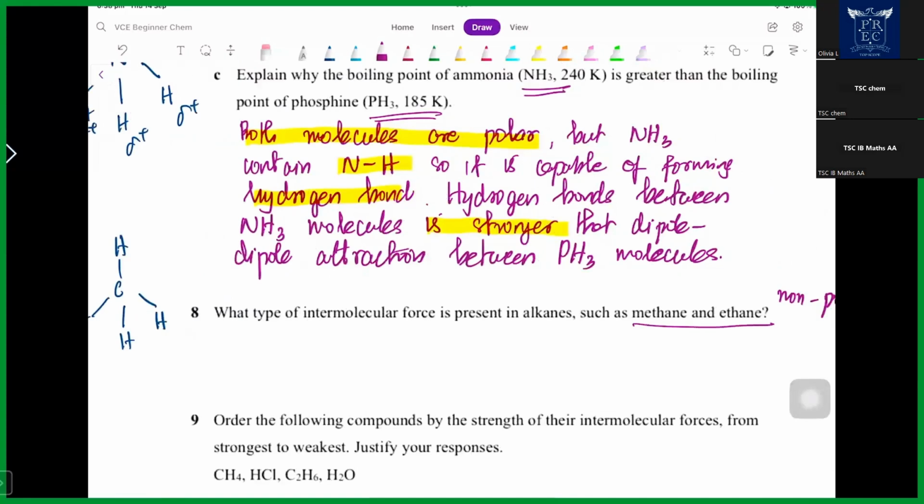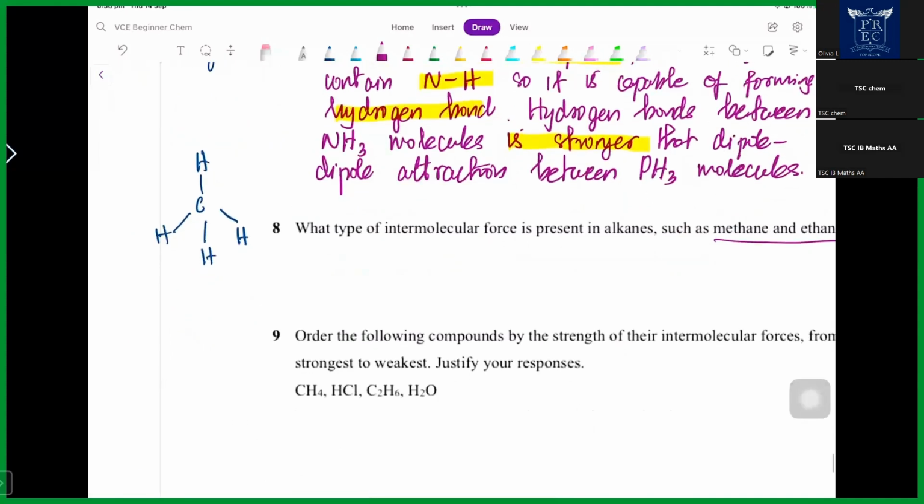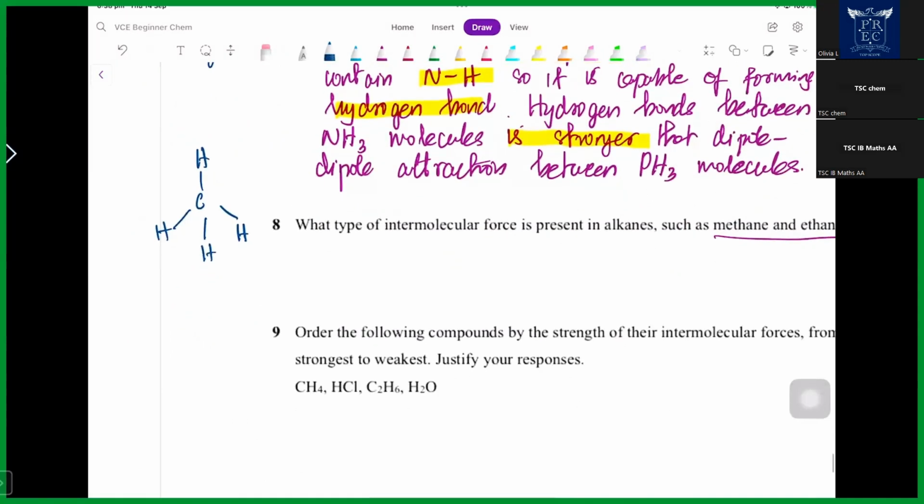Later on, when we start learning, ethane is something like this, because it's C2H6. This is ethane. So it's balanced.